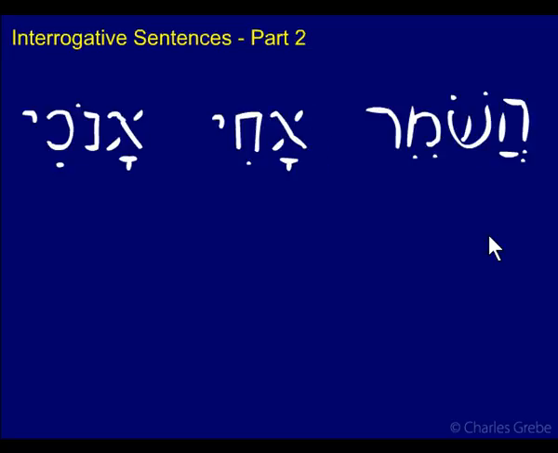Here's another example from Genesis. Hashomer achi anochi. So again, we have our interrogative hey at the beginning. Shamar is to keep or to guard, and this is the participial form. Achi, ach is brother, the ending is the 1cs suffix, my brother. And anochi means I. This is the long form of the independent personal pronoun. Remember, we have ani, the short form. Anochi is the long form.